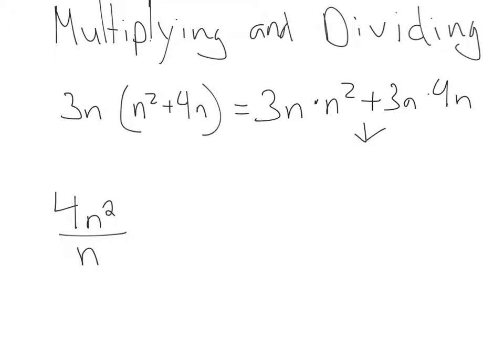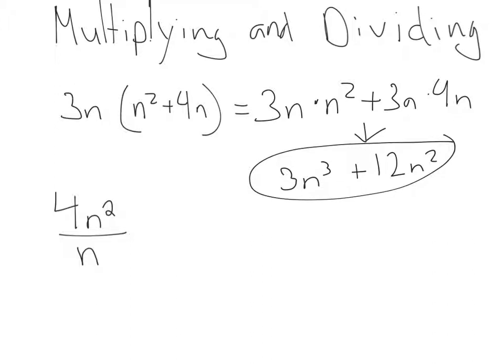And then what this looks like when we multiply it out is 3n cubed plus 12n squared. And then, because these two terms are not like terms, we cannot add them, even though we multiplied these different terms.